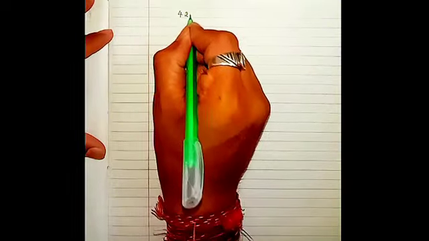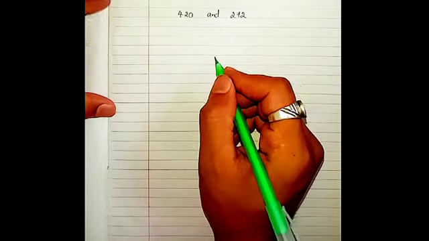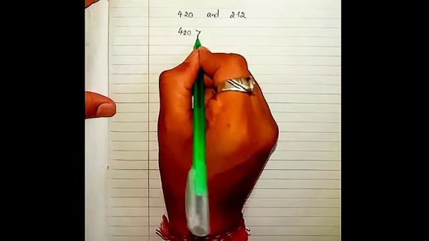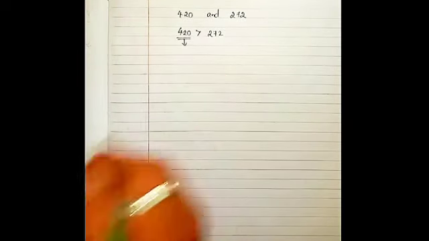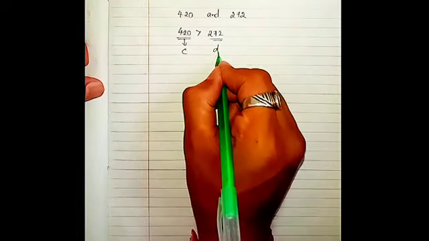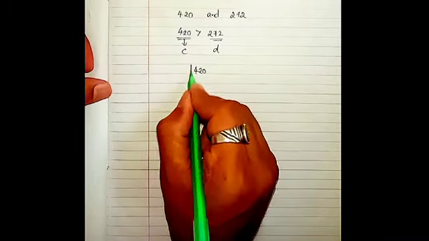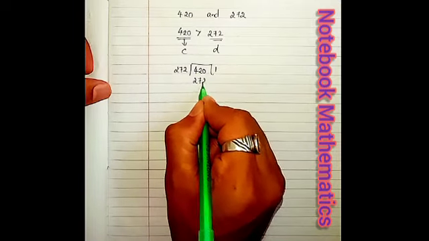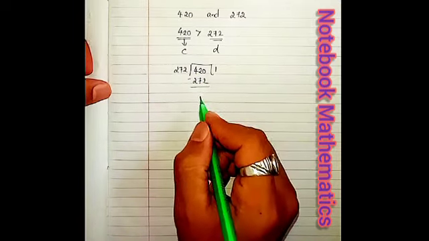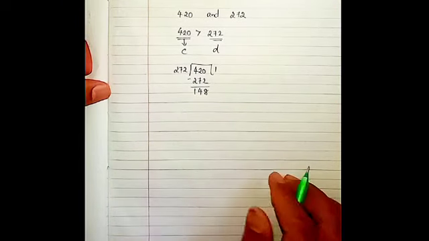So my numbers are 420 and 272. Clear? So 420 is again greater than 272. This number I will consider as my C value and this number I will consider as D value, and we have to divide 420 by 272. 272 ones are 272 and I will get my remainder as 148.